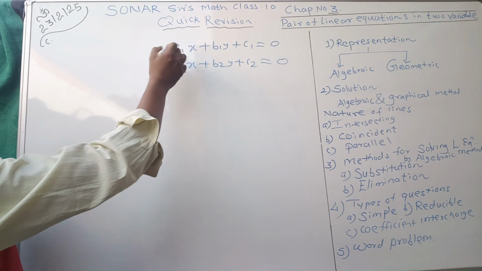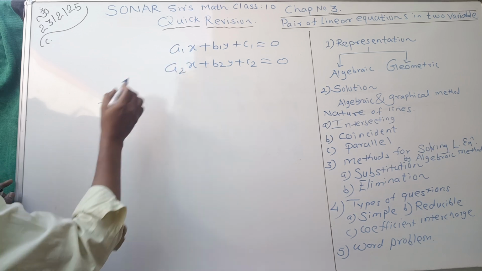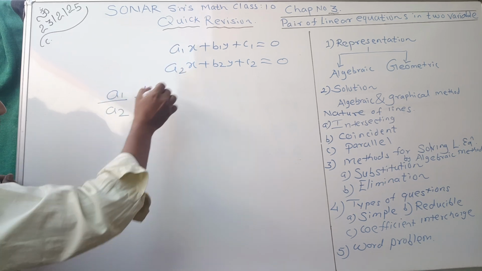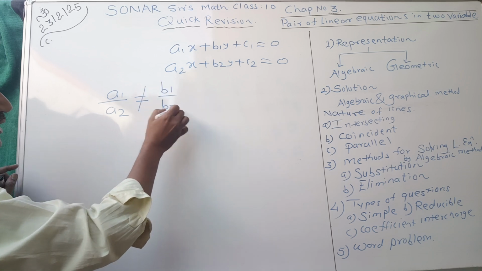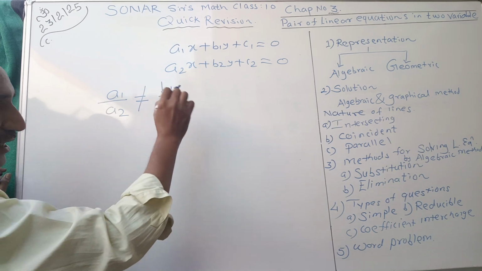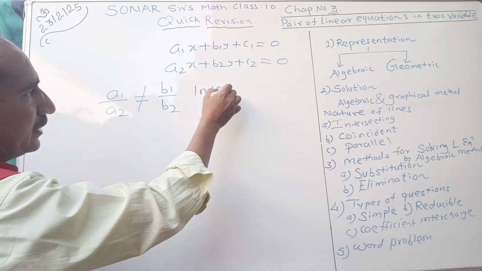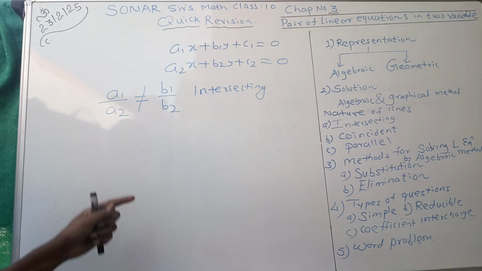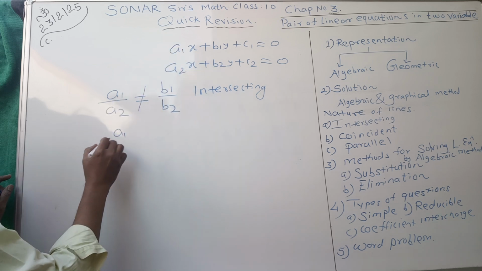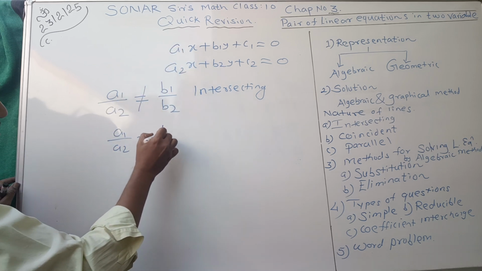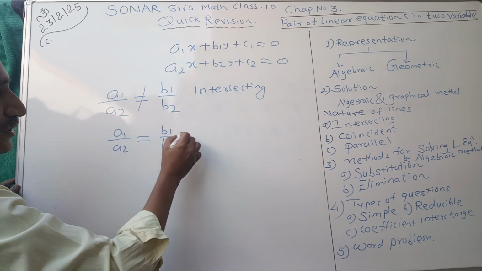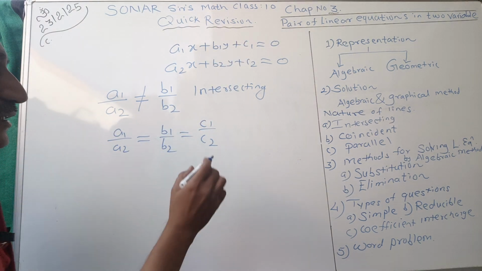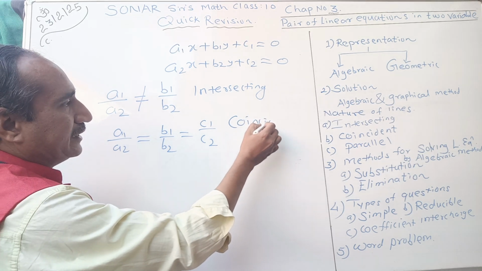If the ratio of the coefficients a1 upon a2 is not equal to b1 upon b2, then the lines are called intersecting. If the ratio of the x coefficient is equal to the ratio of the y coefficient is equal to the ratio of the constant term, then the lines are coincident.